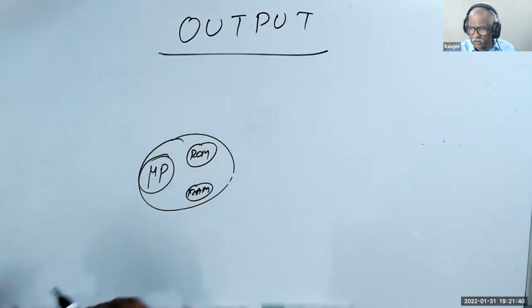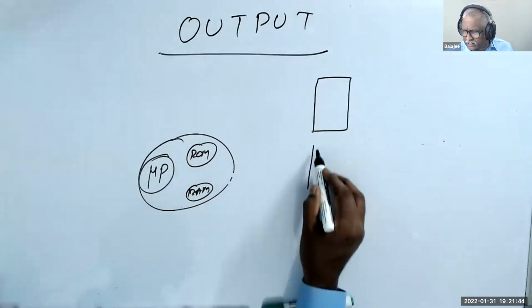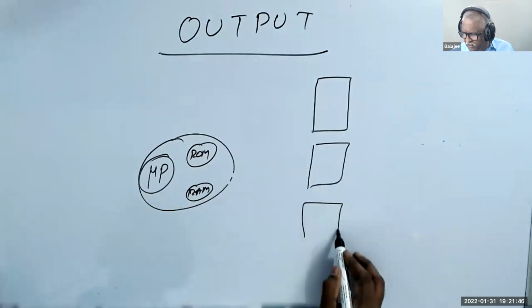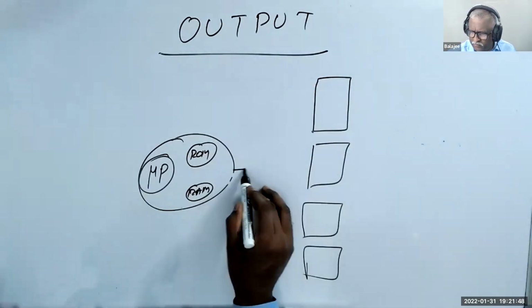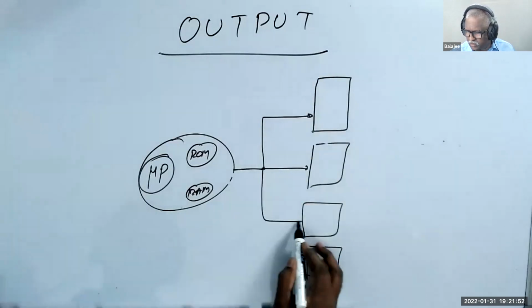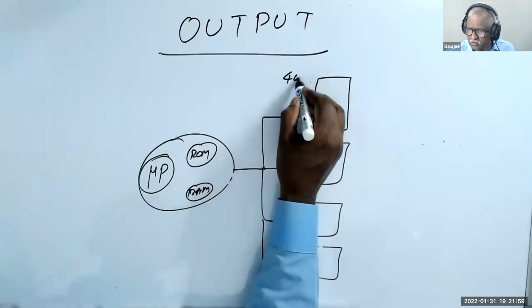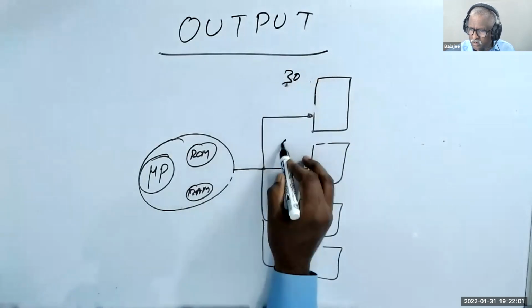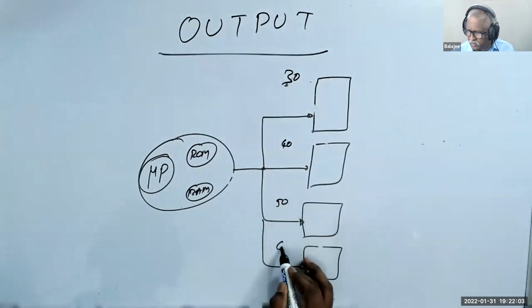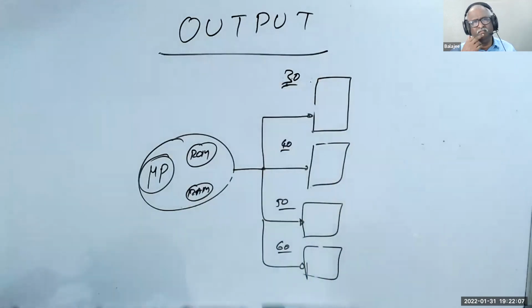Now, what happened? I added so many components here. These components are connected to this 8-bit computer, and each one has an address.